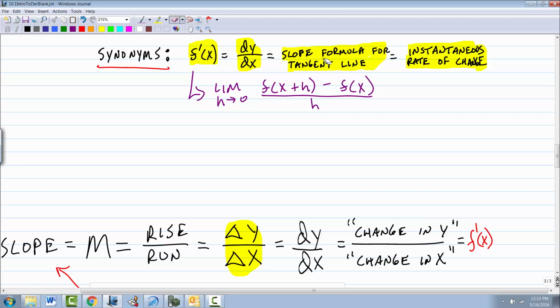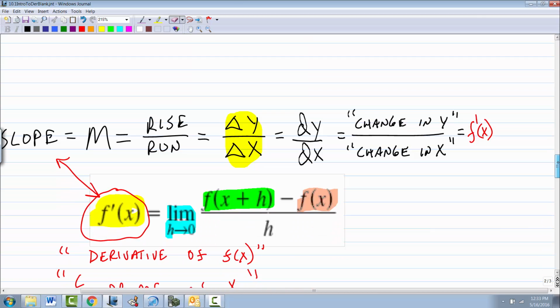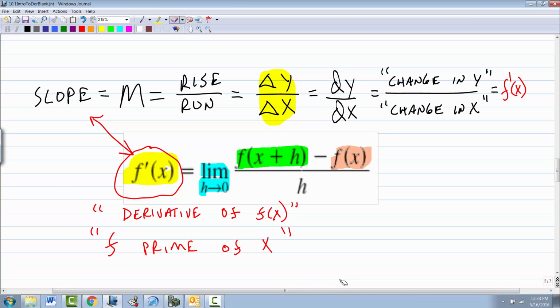We just told you this is the slope formula for finding tangent lines, which is actually an instantaneous rate of change scenario in a real-world possible equation that I'll talk about in a minute to get you to have a feel for this. And then it's more of the same. This, again, is a redundancy, but I have some other things, like this came from a slope formula. Slope is rise over run.